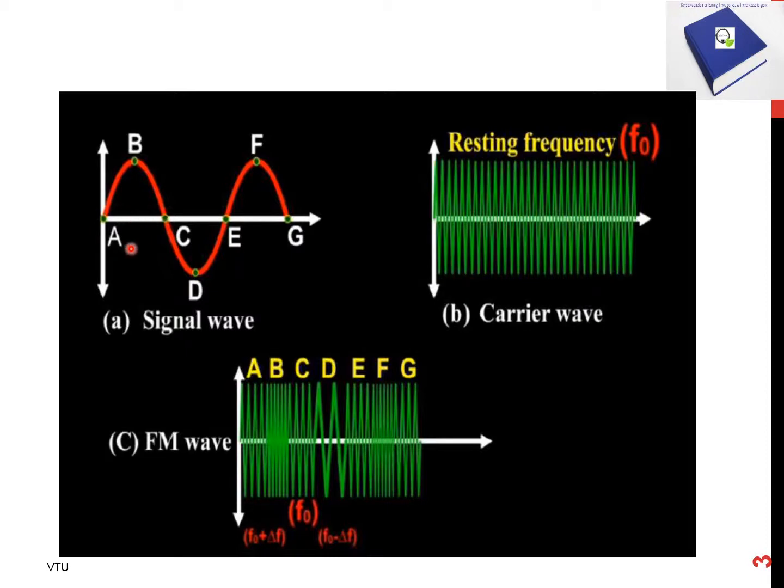Here we can see this is the message signal, this is the carrier, and here it is the FM modulated wave. At point A it is at the reference point 0, so the frequency is low. When it reaches point B, having the maximum amplitude, the carrier frequency is high.